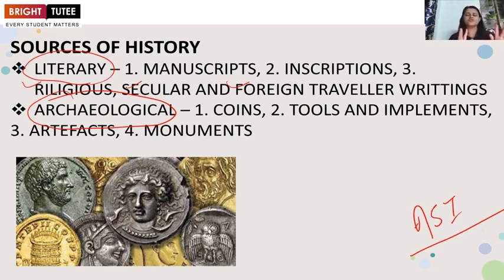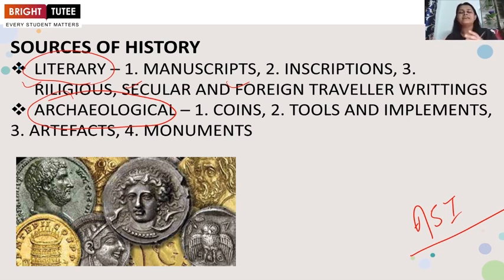If we look into Europe, the only evidence which we got was the Greek ambassador Megasthenes. Very important. Greek ambassador Megasthenes visited India during the time period of Chandragupta Maurya. He was a foreigner who visited India, and he has written a book called Indica, in which he has mentioned the Mauryan Empire and the society of that time. So that is what we call foreign travelers' writing.